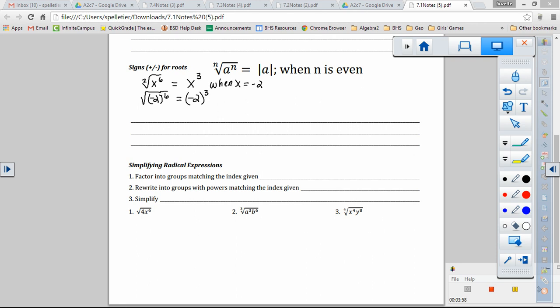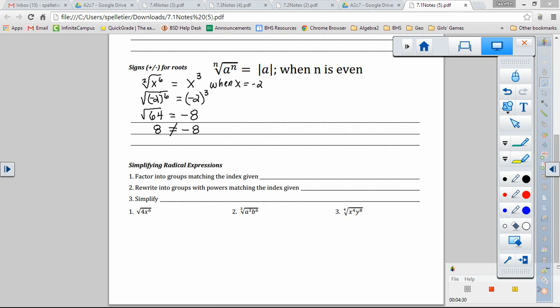So underneath the radical, -2 times -2 times -2 times -2 times -2 times -2 gives me 64. So I have the square root of 64. And on this side, I get -2 times -2 times -2. And that gives me -8. Okay? So let's continue. What's the square root of 64? Well, we know that is 8. So 8 does not equal -8.